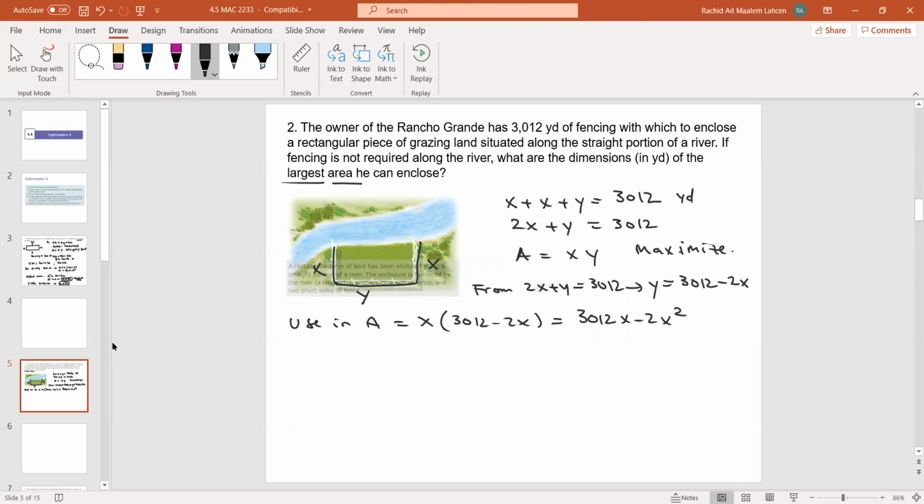So let's differentiate. And we get 3012 minus 4x. And set to 0, we get x equals 753 yards.